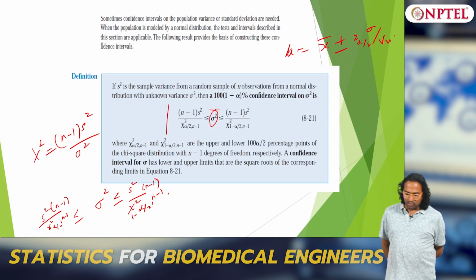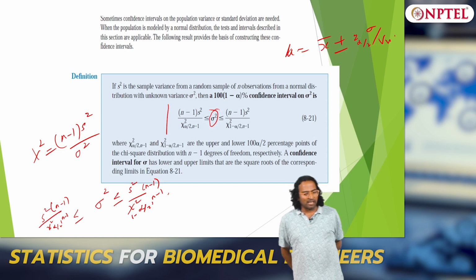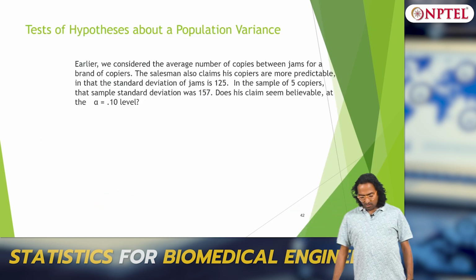That is what the chi-square and sampling variance is about.